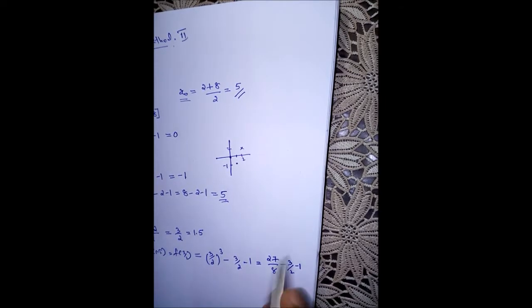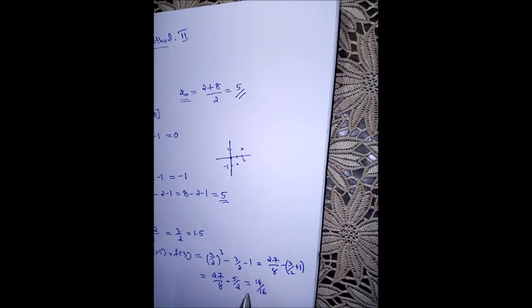Writing minus of 3 by 2 plus 1, it becomes 27 by 8 minus 5 by 2, which is equal to 7 by 8.